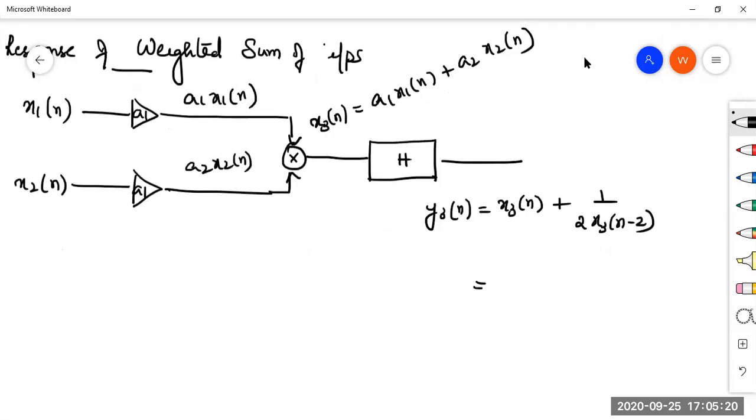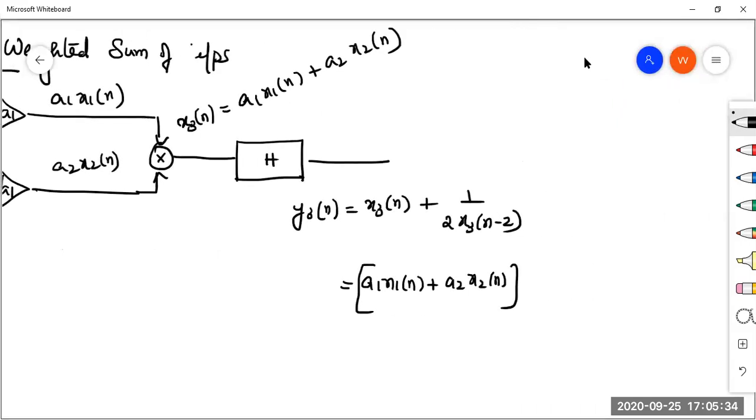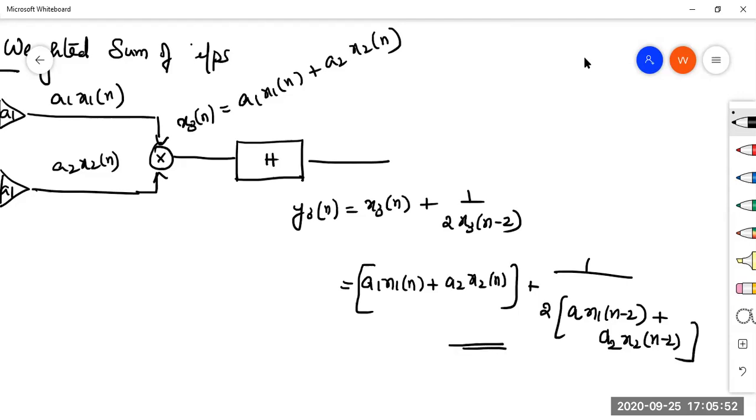So now it will become a1 x1 of n plus a2 x2 of n plus 1 divided by 2 into a1 x1 of n minus 2 plus a2 x2 of n minus 2. Okay, so this is your output y3 of n.